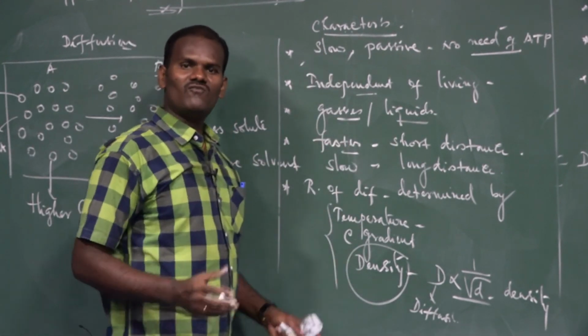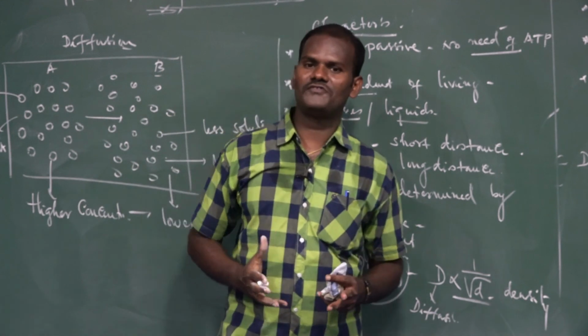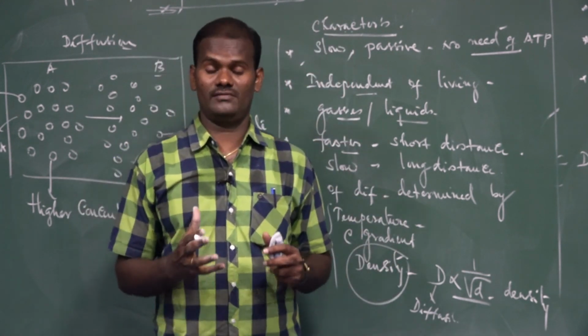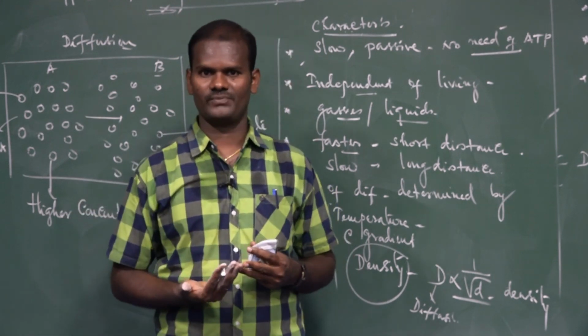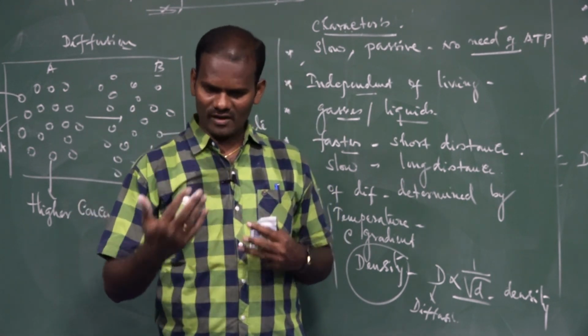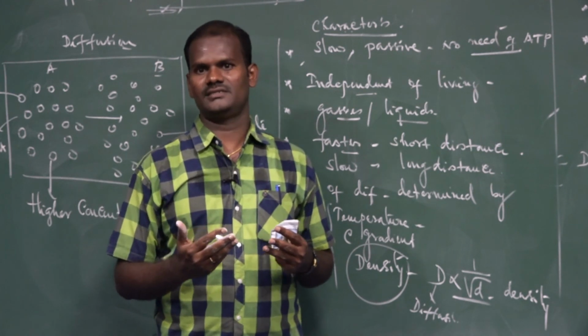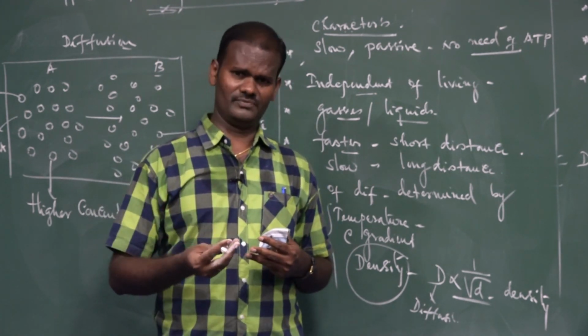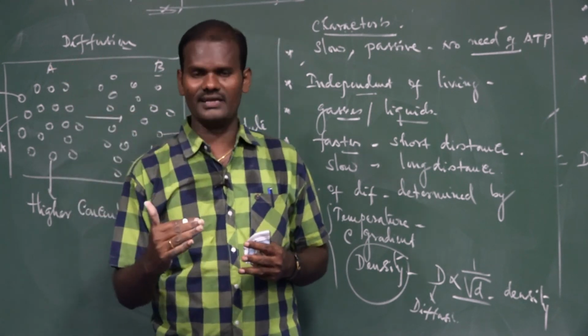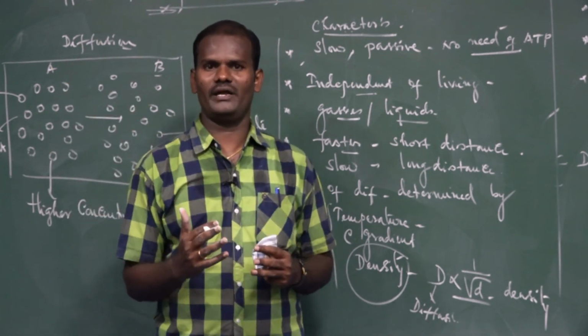The next, what is the significance of diffusion? Diffusion is essential, for example, gaseous exchange, the exchange of carbon dioxide and oxygen between the atmosphere and the leaf through stomata.